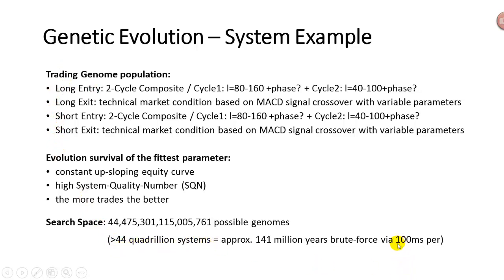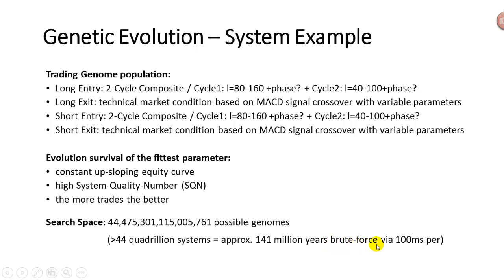If you then put on the table that you need about 100 milliseconds to calculate each system, you will need approximately 141 million years to calculate each system combination via a brute force algorithm.